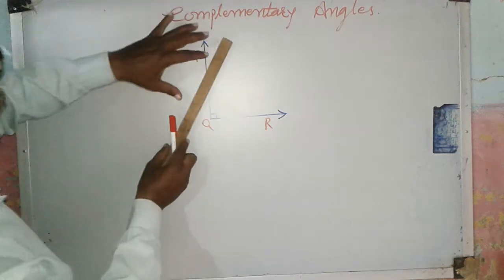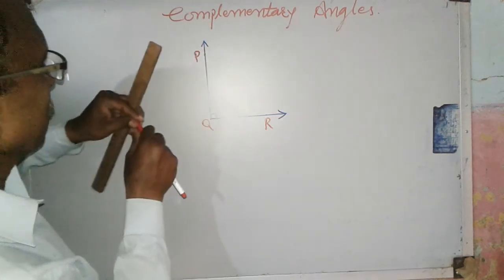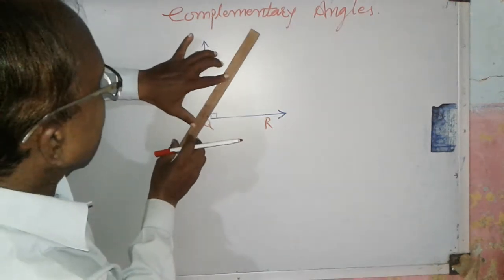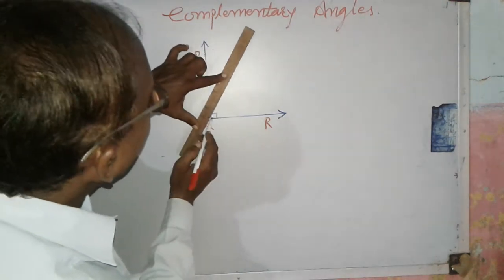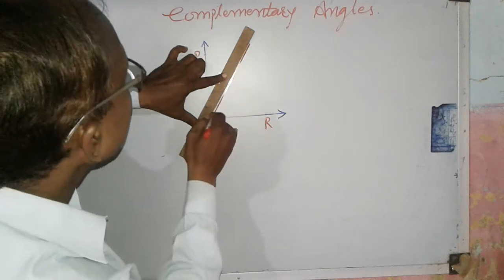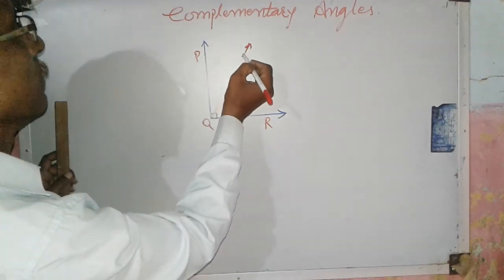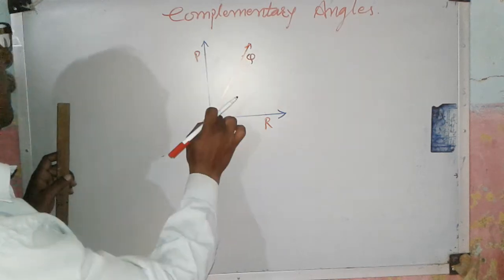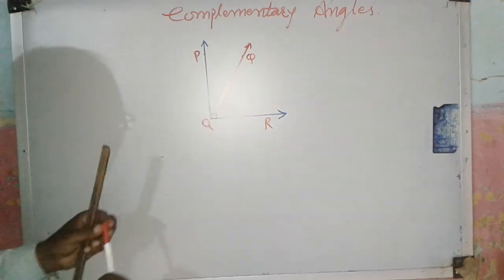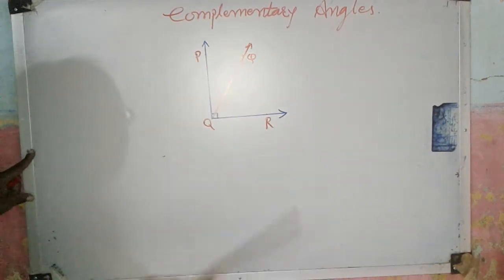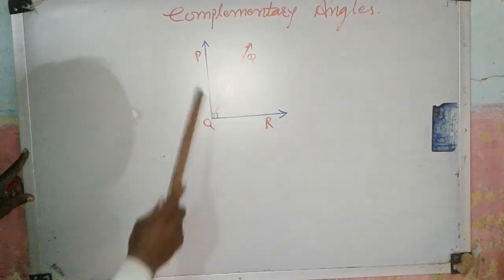Now I will draw one. I will divide this right angle into two angles. Suppose ray QS divides this right angle into two angles. That means this 90 degrees is divided into two parts.